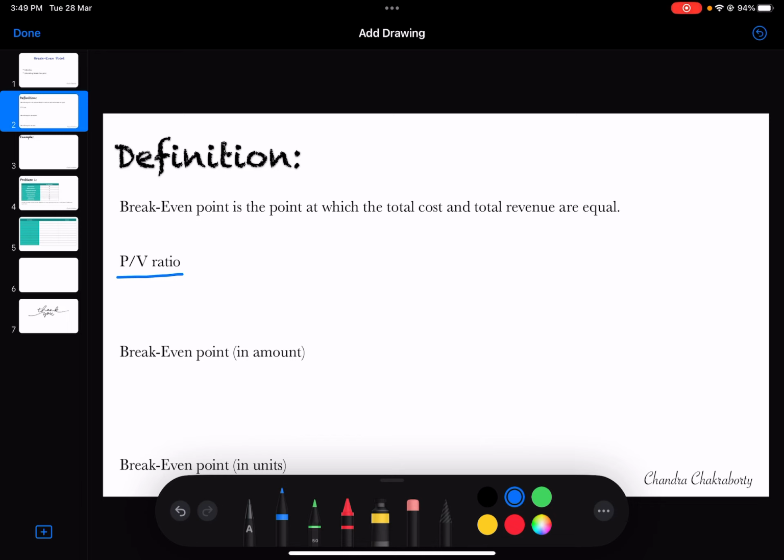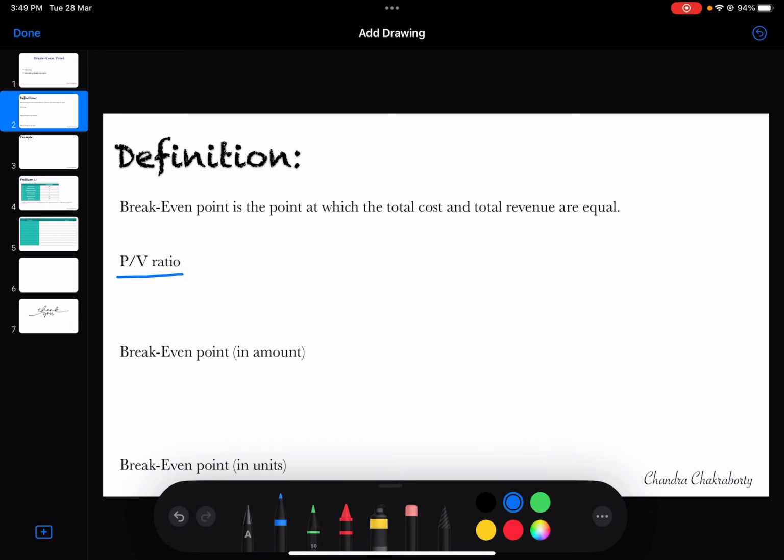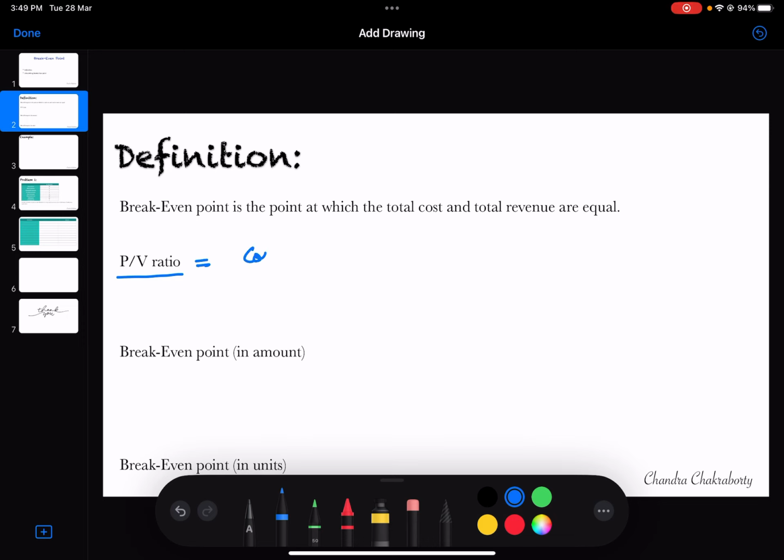PV ratio is equal to contribution by sales into 100. When you do this calculation, you will get the PV ratio. I'll show you an example so you don't have to worry what is contribution, what is sales. I'll give you an example and you'll be able to understand it very nicely.